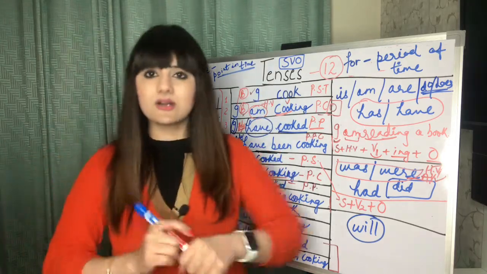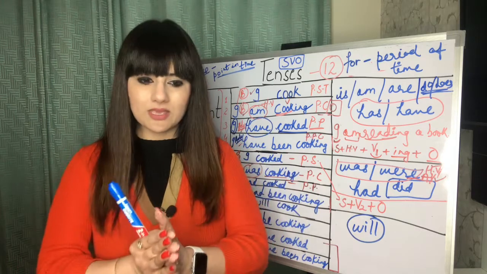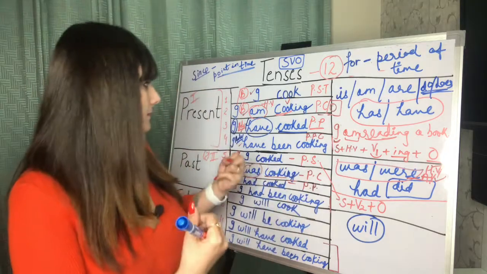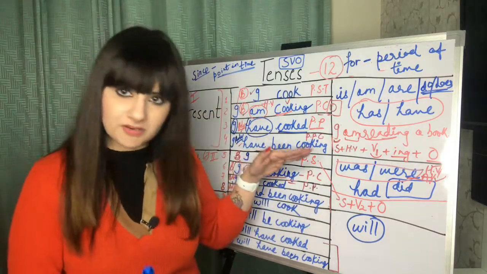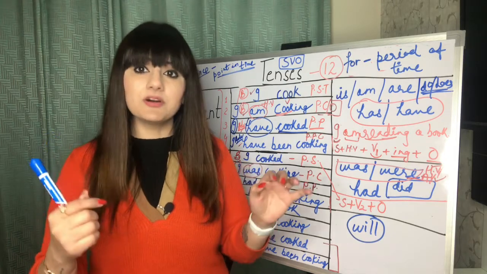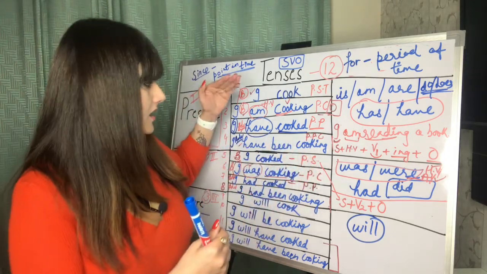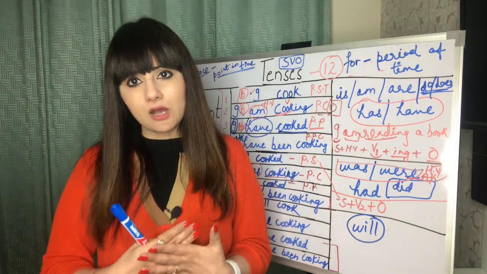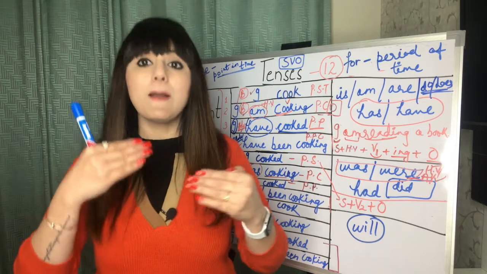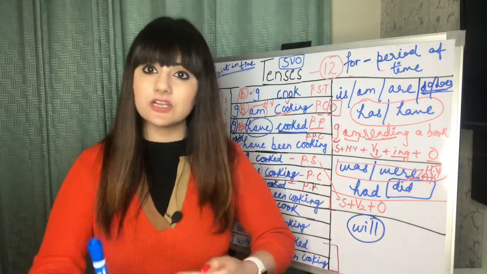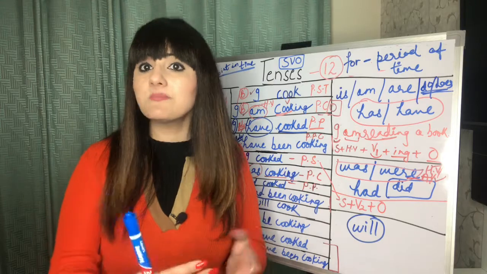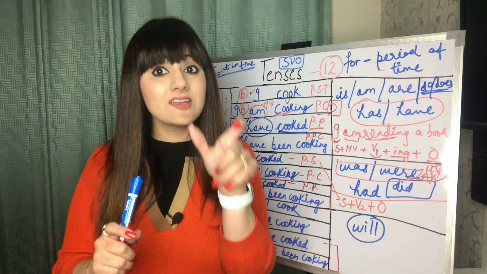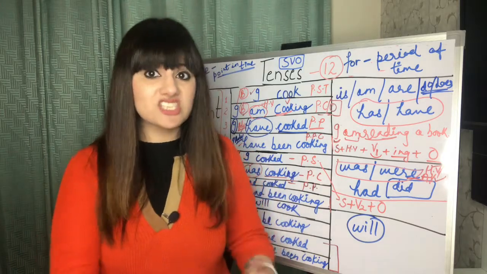So here I'll give you another example. You might get confused between the present perfect tense and the past perfect tense, so here I'll give you a very simple trick. When we're talking about the present perfect tense, that is related to your nearer past, a situation that just happened.